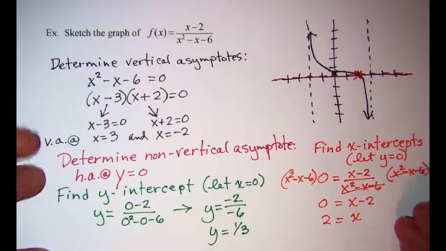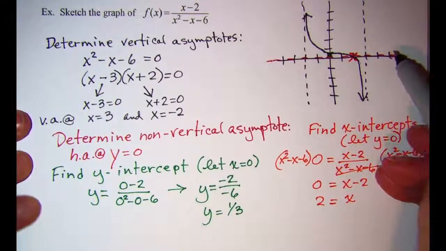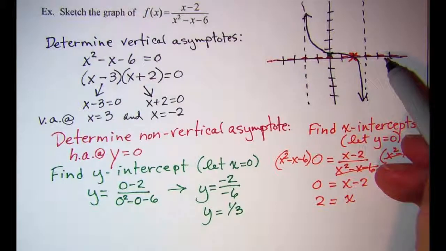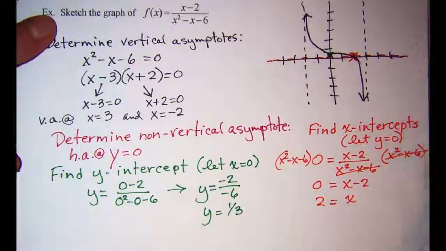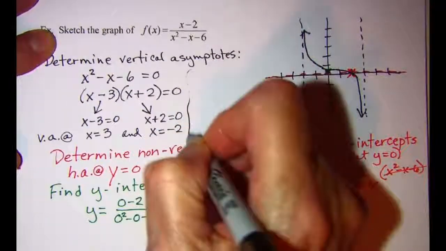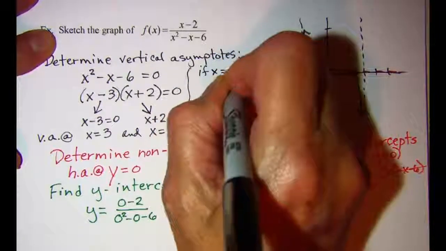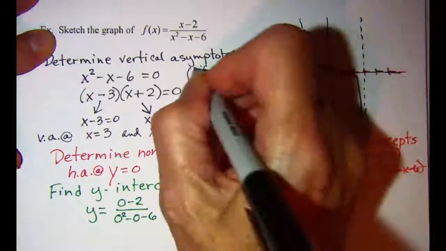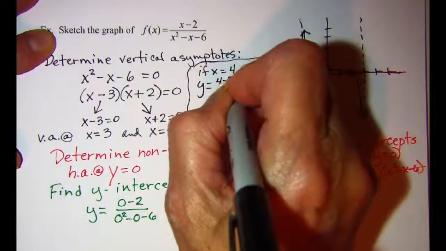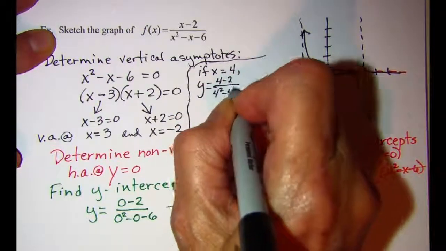Right? Now to determine what's going on over on the right side, let's put x equal to 4 into the equation. Let me do that up here. If x equals 4, y equals 4 minus 2 over 4 squared minus 4 minus 6.